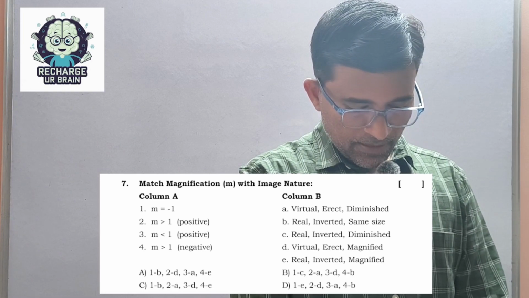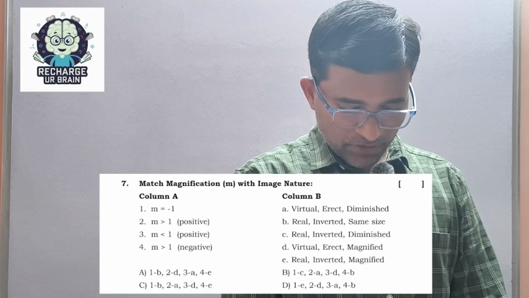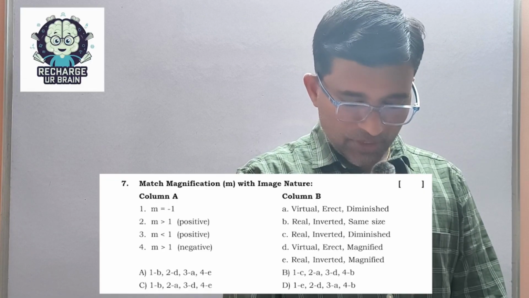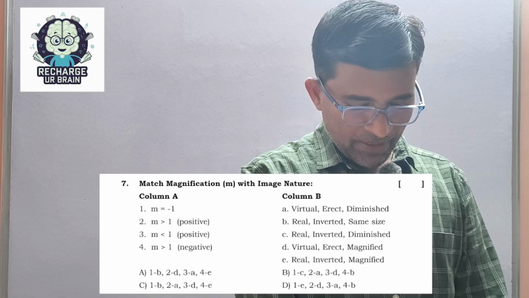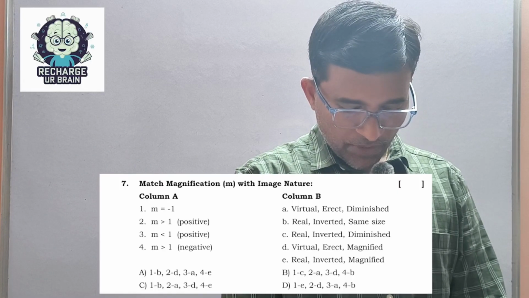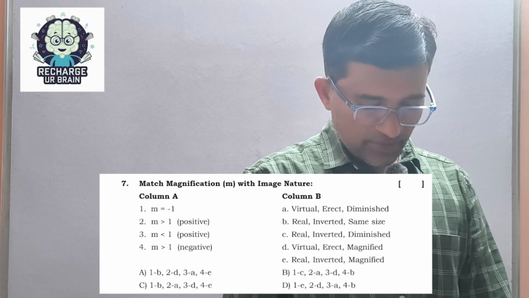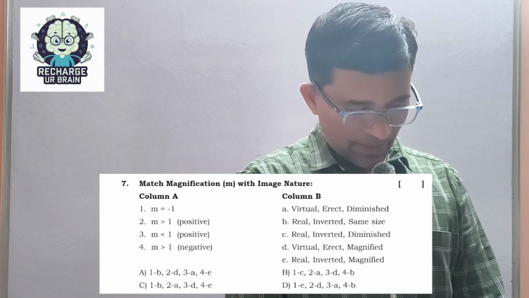Third, magnification less than 1 and a positive value is a virtual erect and diminished image. Fourth, magnification greater than 1 and negative is real inverted magnified. So for the seventh multiple choice, the right option is A.